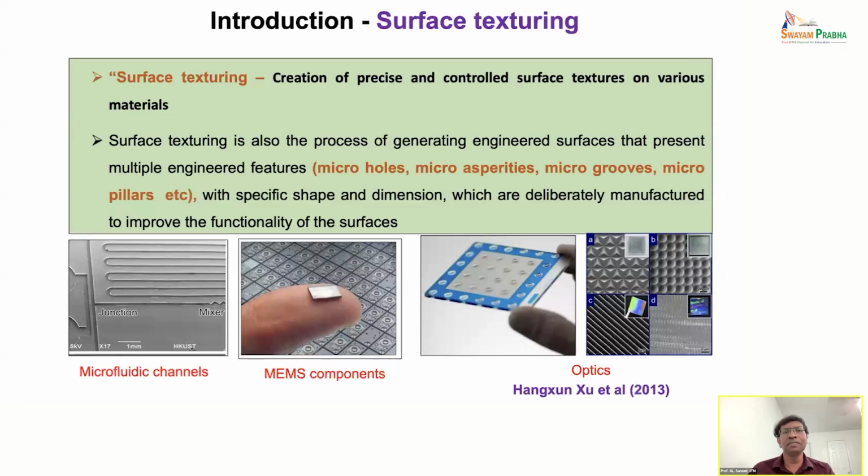So what is surface texturing? It is nothing but the creation of precise and controlled surface textures on various materials. Surface texturing is a process of generating engineered surfaces with different features like micro holes, micro asperities, micro grooves, micro pillars, etc. That means we are going to make a specific shape on the surfaces.